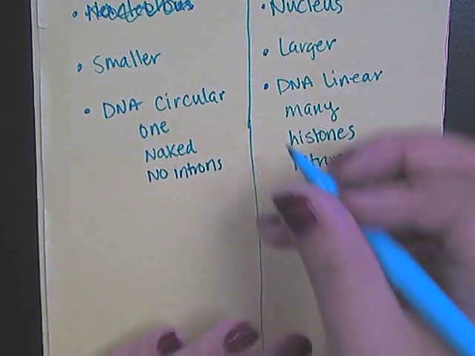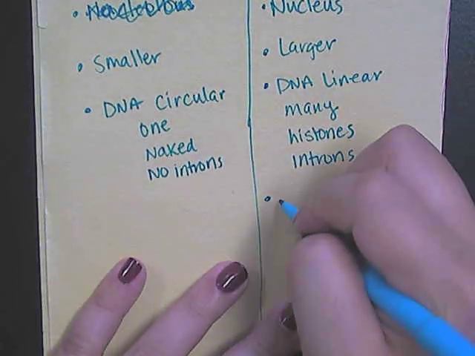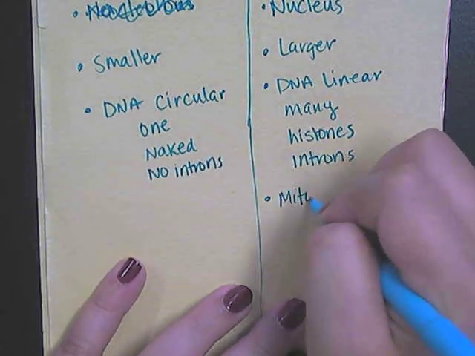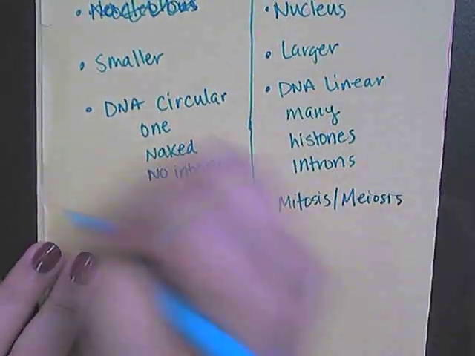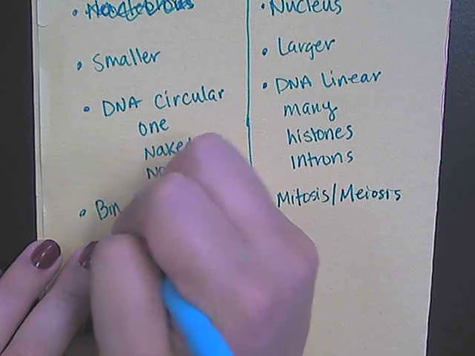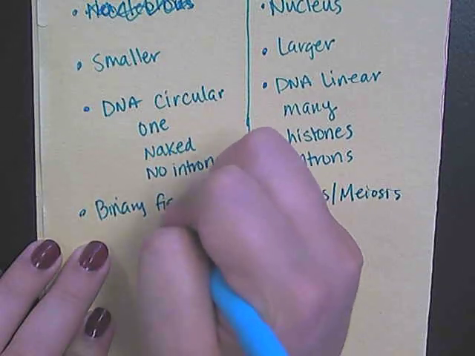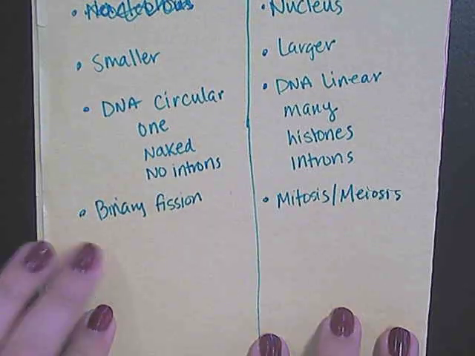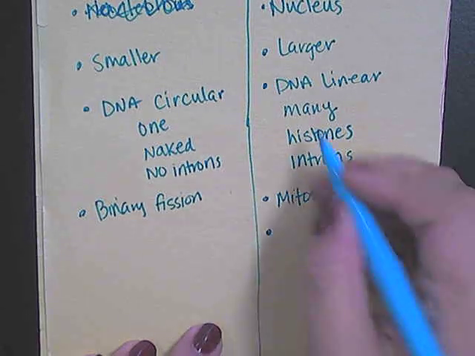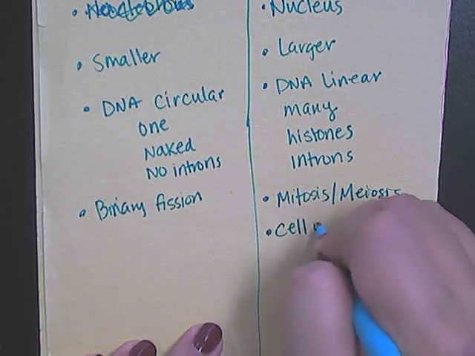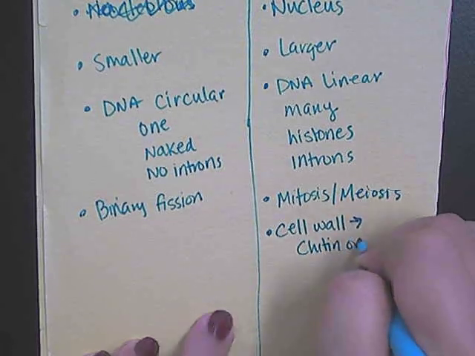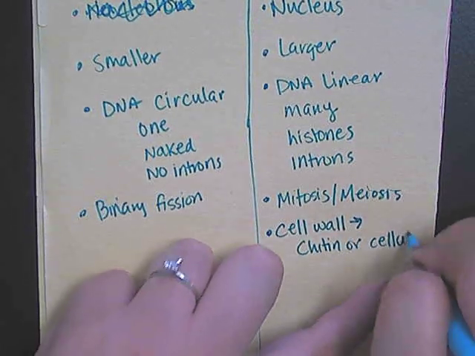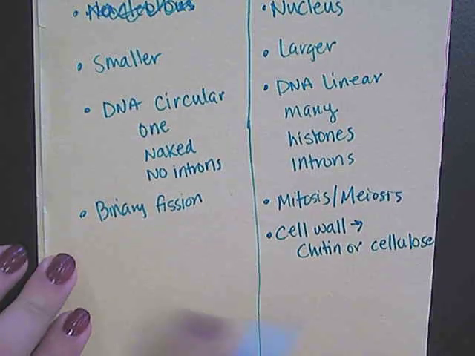In eukaryotic cells, when they do division, you'll have mitosis and meiosis. In prokaryotes, they divide by binary fission. Eukaryotic cells, if there is a cell wall present, it's going to be made of either chitin or cellulose, and both of these are carbohydrates.